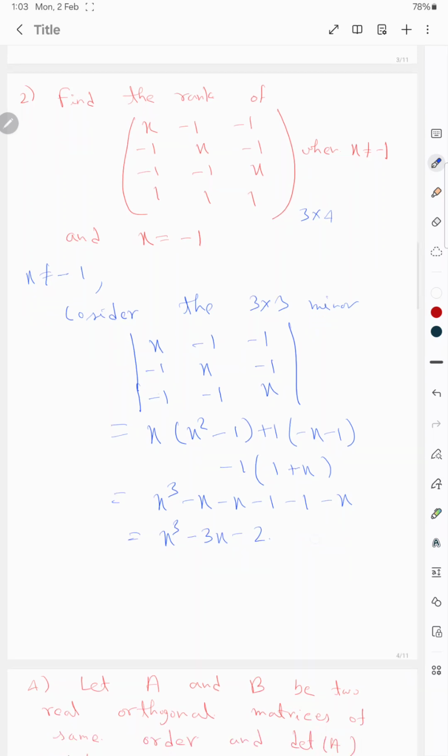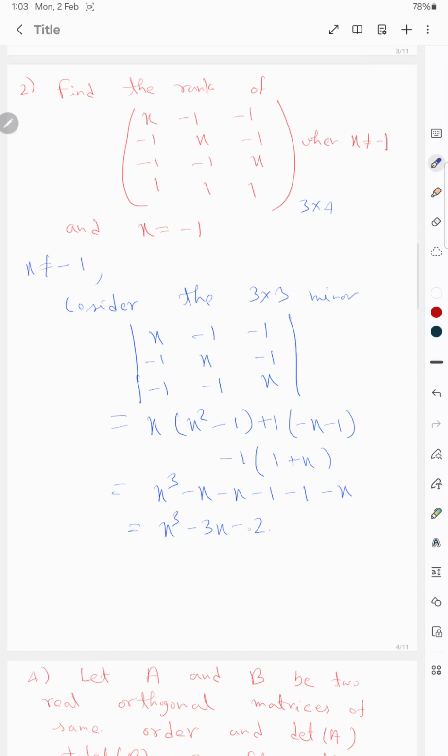So for x not equal to minus 1, obviously you have to factorize this thing. You just do some vanishing factor, where it is 0. Minus 1 is a factor, right? So x equal to minus 1 is a factor, that means x plus 1.